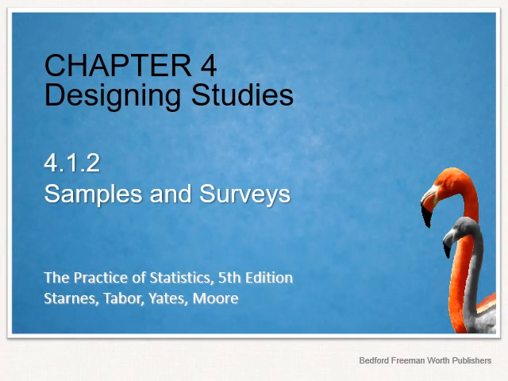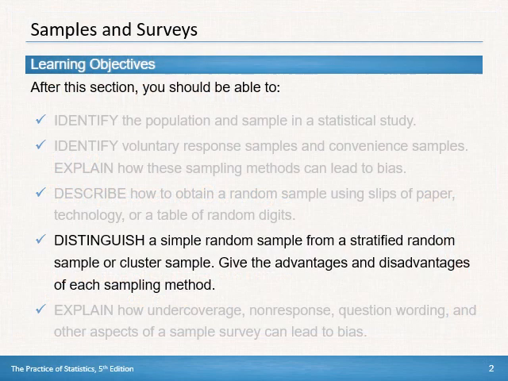Okay, so these notes are the second part of section 4.1, sampling and surveys. We're going to look at a couple of different types of random sampling.